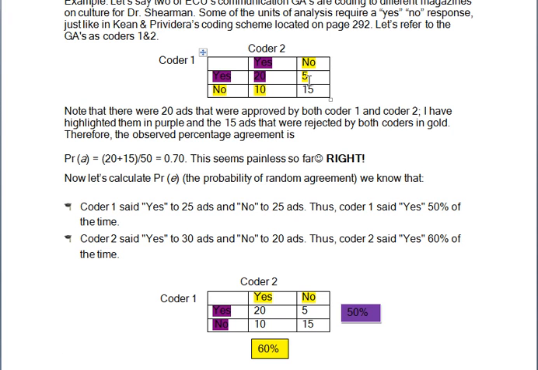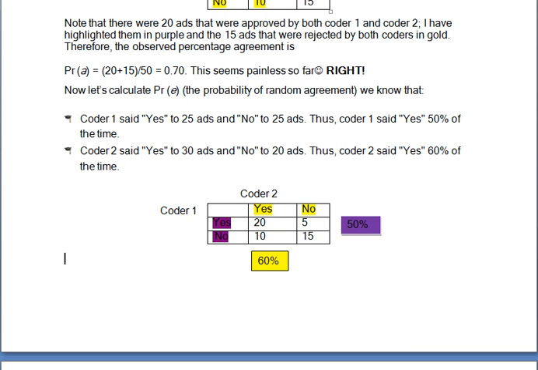Let's take a look at that. Coder 1, 25, yes.